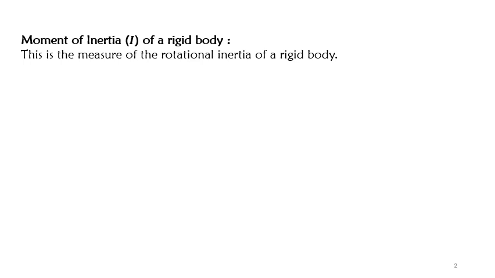Now, what is moment of inertia? Particularly relating to a rigid body. Moment of inertia is the measure of the rotational inertia of a rigid body. That is the reluctance of the rigid body to rotate about an axis.